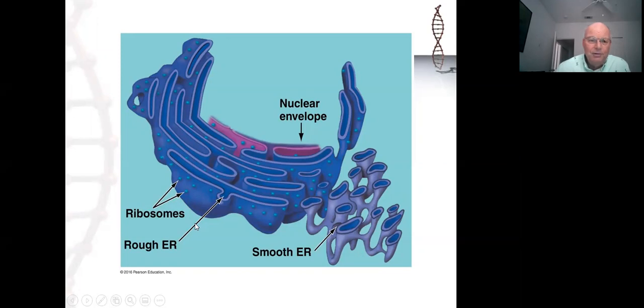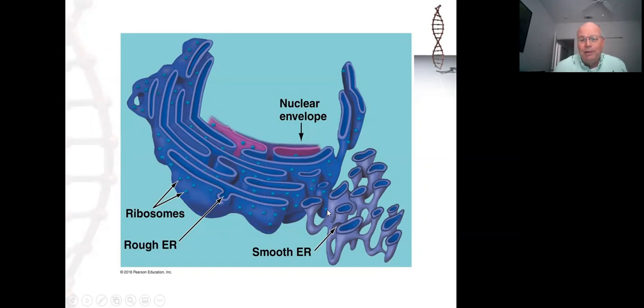And then eventually, when the transport vesicles and lysosomes bud off, they remove more lipid as membrane and either retain it as a lysosome or carry it to the cell membrane when the transport vesicle merges with the plasma membrane.